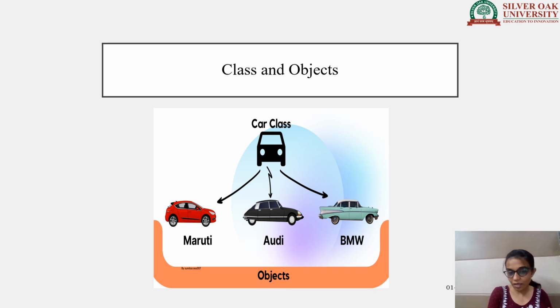If it is a car class, I will create one object, that is Maruti, and I can define that the color is red and the brand name is Maruti. Similarly for the Audi and the BMW, but they will also have some similar properties, like being a four-wheeler, and many more properties we can define which are the same for all the objects. Let's see further.